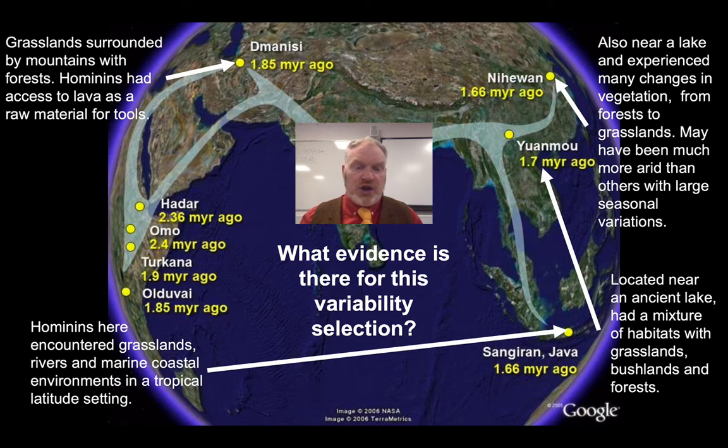And down in Java there are grasslands, rivers, marine coastal environments, all in the tropics. So each of these sites that preserve fossils from about the same age have quite different environments, and perhaps as well changing environments that the hominins that lived in these locations had to cope with.